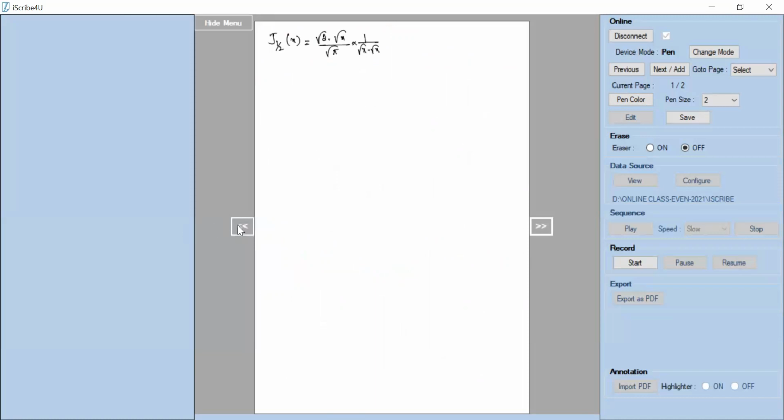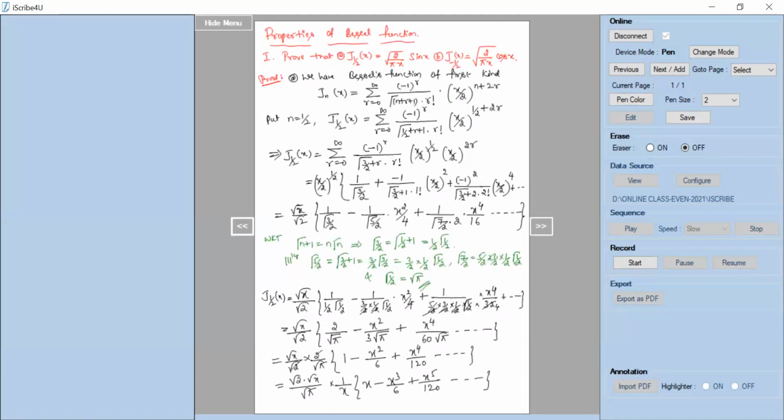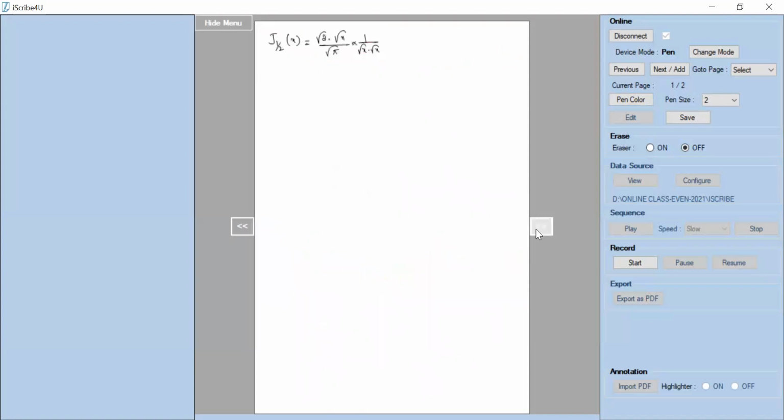So this denominator x was written as root x into root x. And this inside function I can write as x minus x cubed by 6, where 6 can be written as 3 factorial, plus x power 5 by 120, and 120 can be written as 5 factorial, and so on.